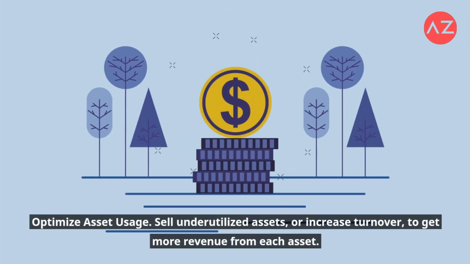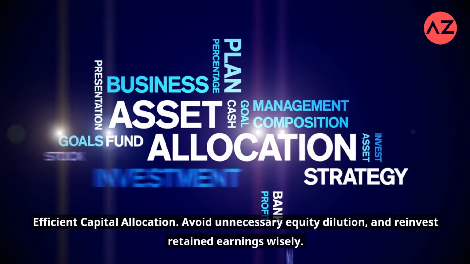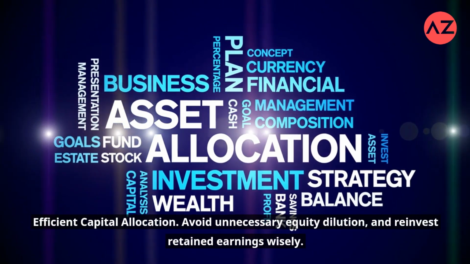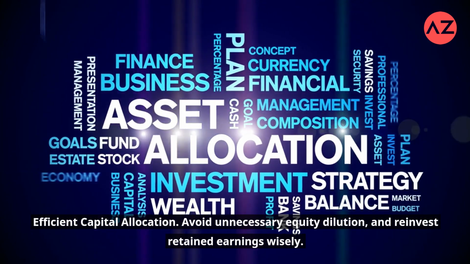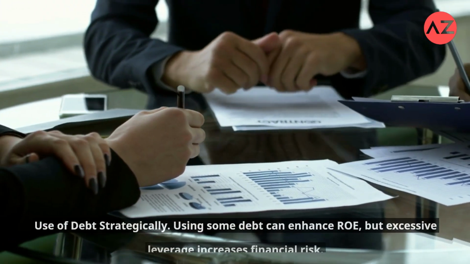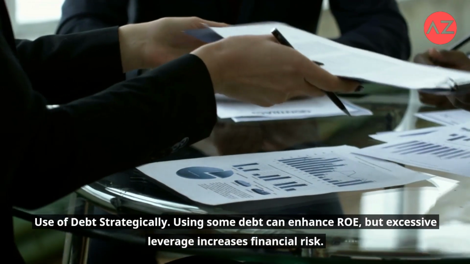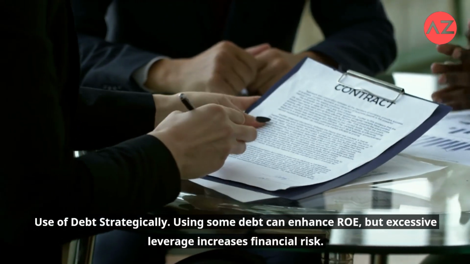Sell underutilized assets or increase turnover to get more revenue from each asset. Third, efficient capital allocation. Avoid unnecessary equity dilution and reinvest retained earnings wisely. And fourth, use debt strategically. Using some debt can enhance ROE, but excessive leverage increases financial risk.